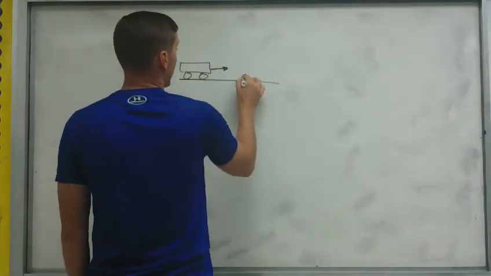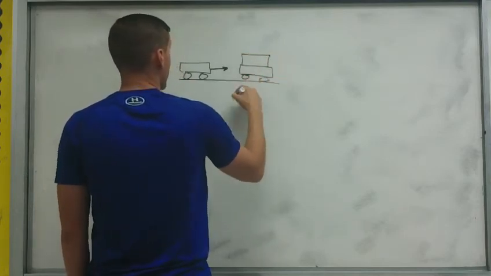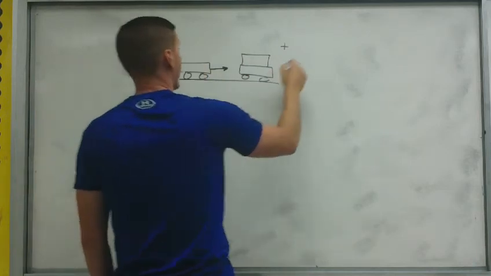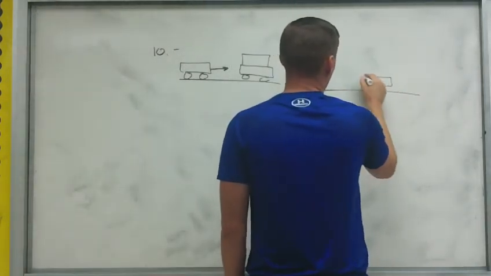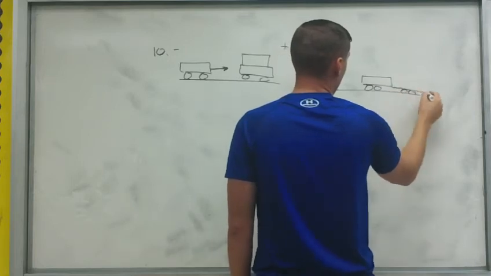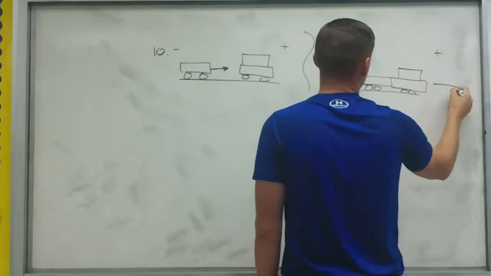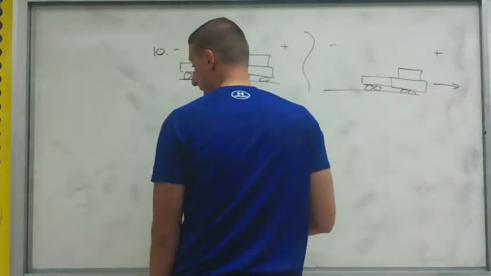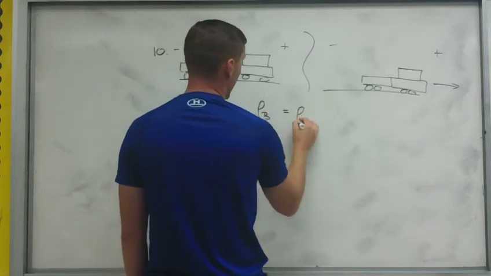Then you have one that has the soda on it. It's stationary. Call this way positive, this way negative. They collide together and then go down the road, so I'm going to draw them together. They're going to go down the road with some velocity. That's the velocity we want to figure out. So again, I start with momentum before is equal to momentum after.